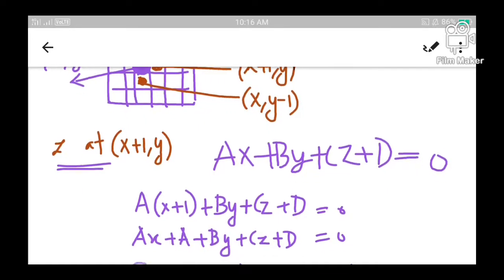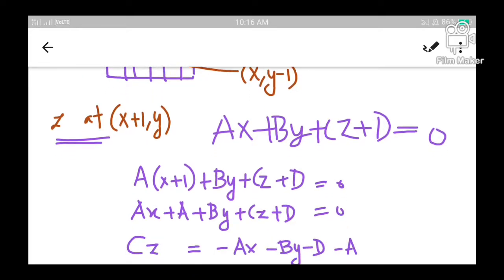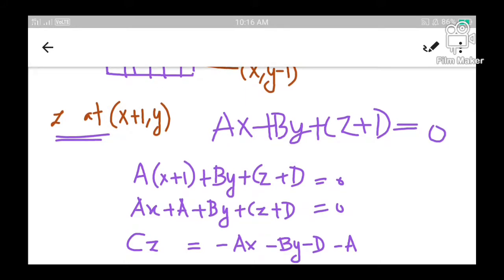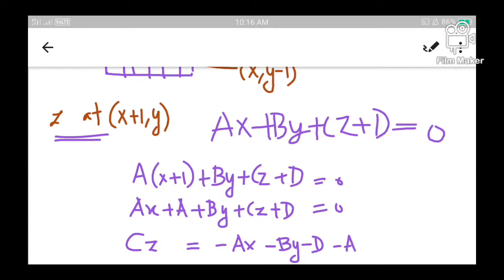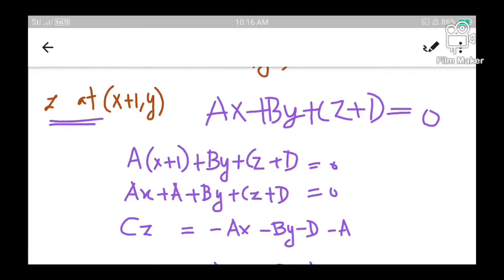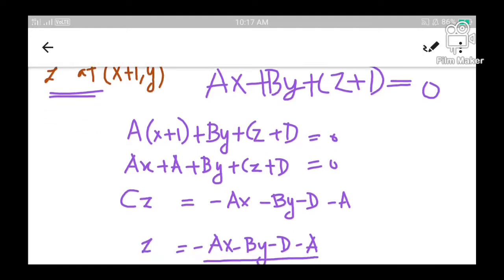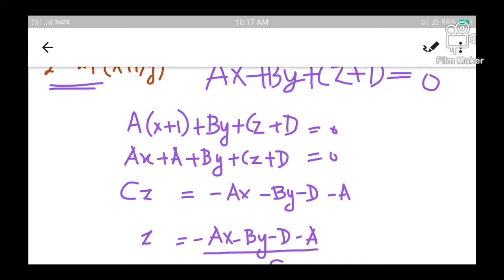Taking all other terms to the right hand side, we get cz is equal to minus ax minus by minus d minus a. So from this we can compute the value of z. z is equal to minus ax minus by minus d minus a, by c.